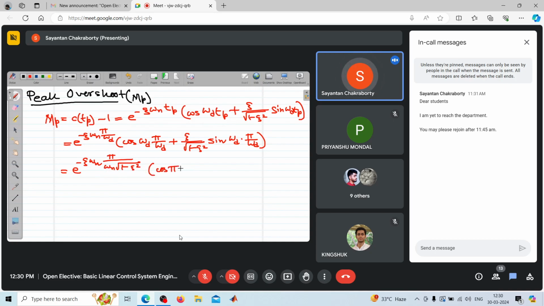Then cos pi, sin pi. Oh, c(Tp) minus 1, there is a minus sign, I missed out that, because 1 minus this and 1 will cancel out. There is a minus sign over here. So this will be minus 1.